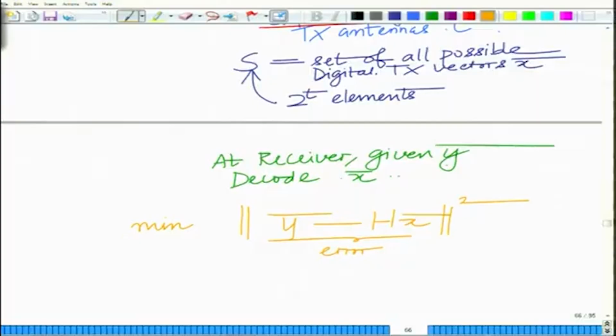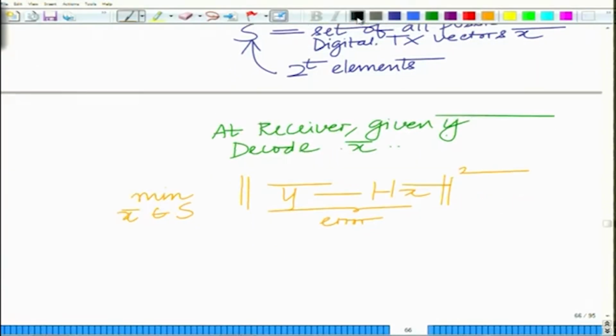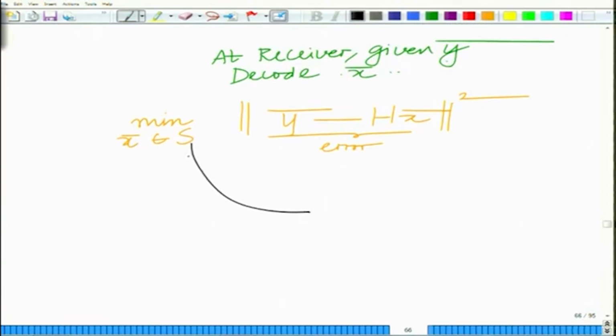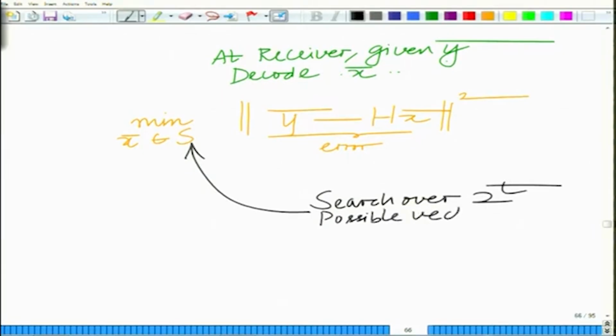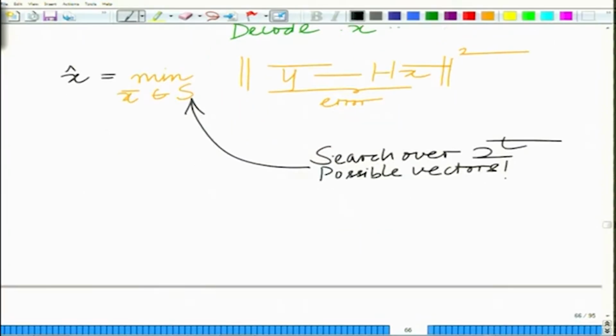So you have to minimize this with x bar belonging to S. The problem is you have to search over all 2 to the power of t possible vectors to find x hat, which minimizes this. This decoder is known as the maximum likelihood decoder, which yields the best performance.